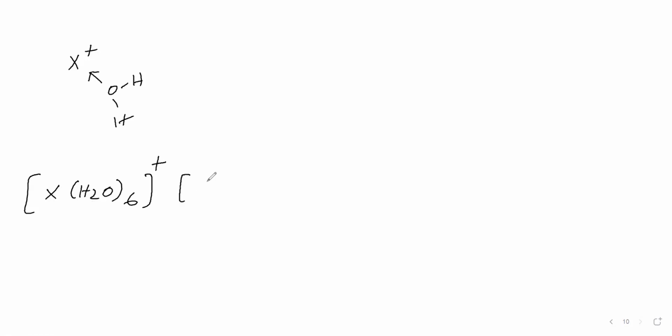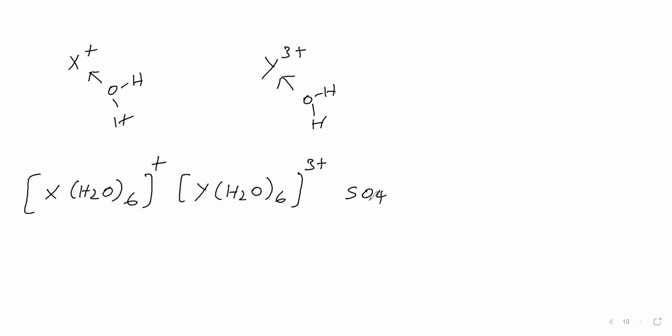And the trivalent cation Y makes dative bonds with 6 water molecules, making 6 coordinate bonds and existing as a complex like this. Then the sulfate ion is there. Now, how many X are there? 2 times.